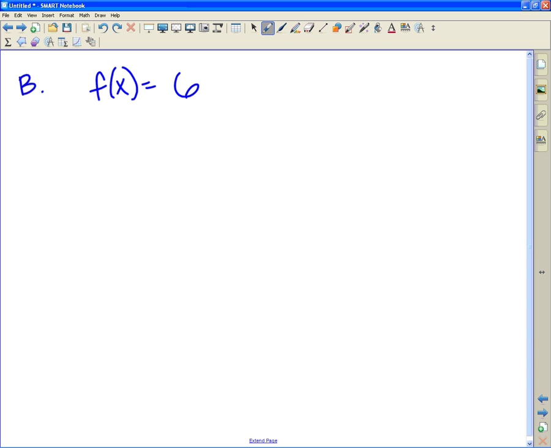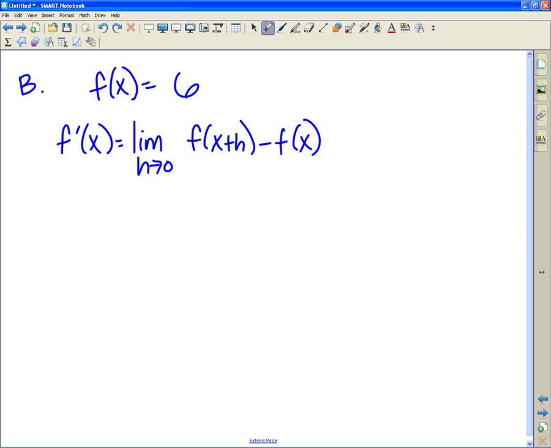Okay, so watch how it works out mathematically. f prime of x is the limit as h approaches 0 of f of x plus h minus f of x all over h. Off to the side, f of x plus h, what does it equal? 6. You don't have an x in there to replace with an x plus h, okay?